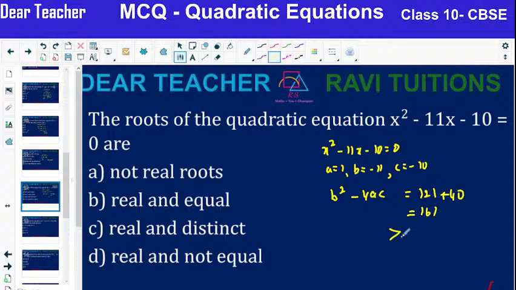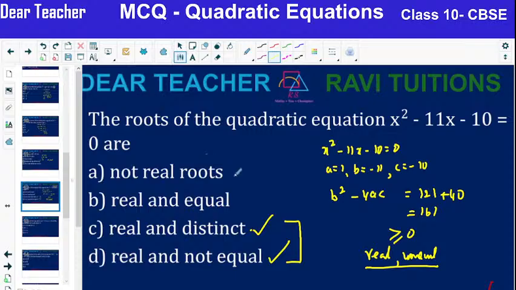It is greater than 0. The roots are real and unequal because it is not equal to 0: real and unequal, real and distinct. Distinct and unequal, both are okay. They are real roots. Real equal is wrong.